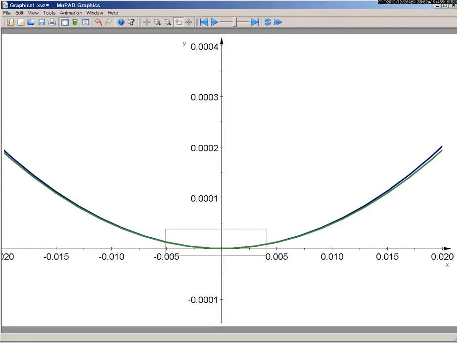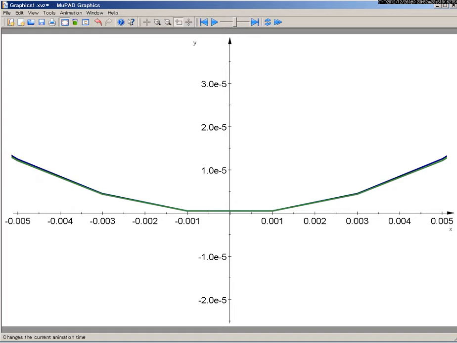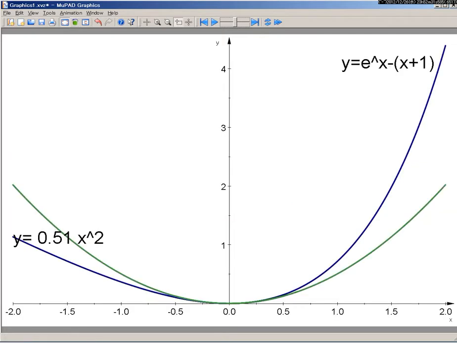Okay, one more. Okay, let's check the a. The number of a is 0.51. Theoretically, it should be 0.5. So again, we could find the second approximation of exponential x.